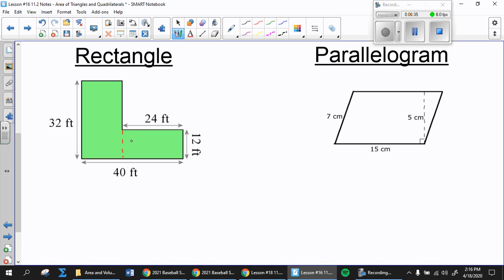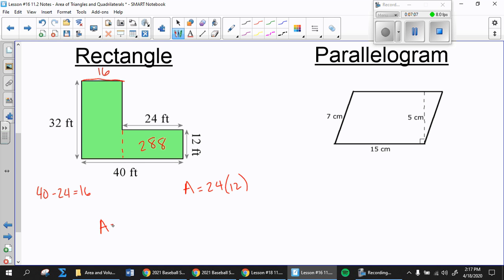So the first one that we're going to do here is we can simply find the area of the rectangle over here, which is just 24 times 12. So that gives me an area of 288 feet squared. And then I can find the area of this over here. Well, we know this is 32. Well, I need to know what this length up here is. Well, if I know the whole thing is 40, take away this 24 that we have right here, that tells me that this piece up here has to be 16.